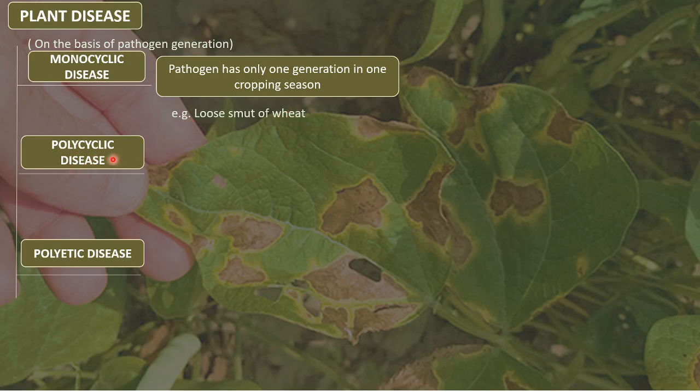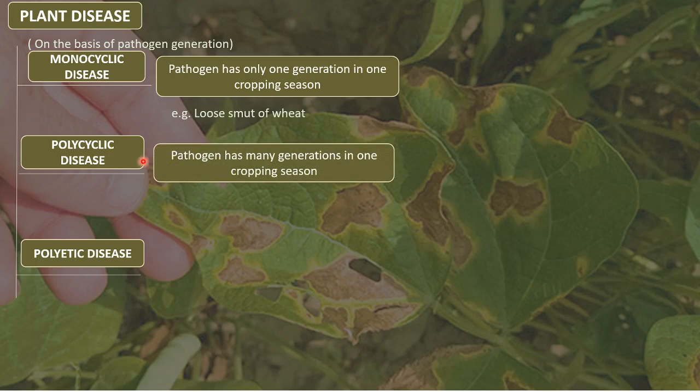Now coming to polycyclic diseases, these are pathogens that have many generations in one cropping season. So, in contrast to monocyclic diseases, in polycyclic diseases, in one cropping season, when the favorable condition is obtained, the pathogen will have many cycles of infection.